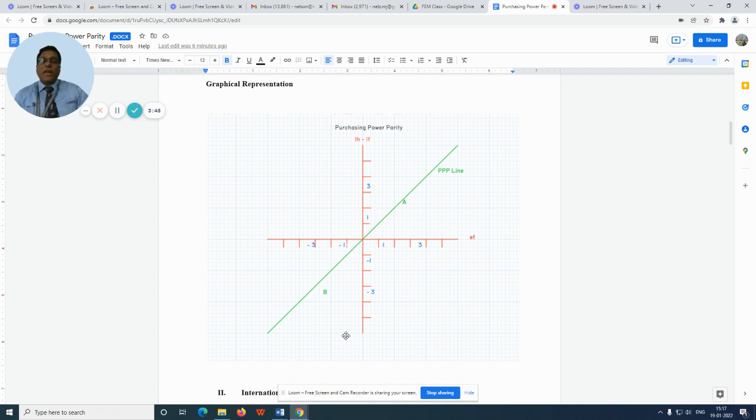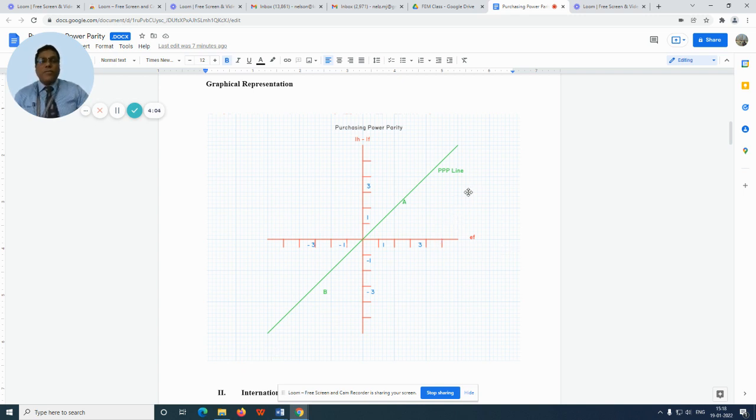Point B indicates that inflation in the home country is less than the inflation in the foreign country by 3%. That is, it is minus 3%, and therefore the value of the foreign currency would depreciate by 3%. When we connect all these points, we get the purchasing power parity line.